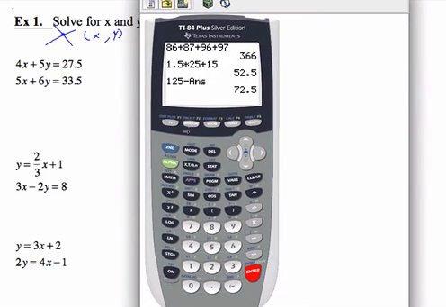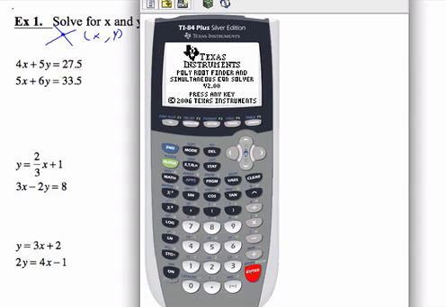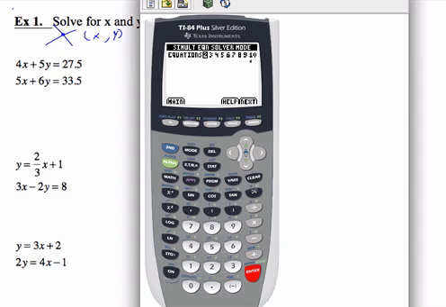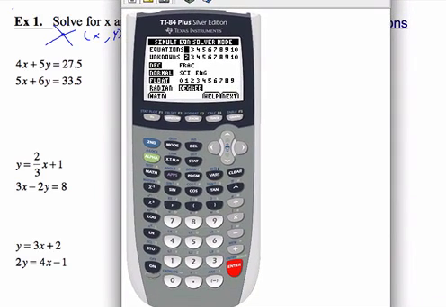We're going to go to Apps, and we're going to go to Simultaneous, and we go to Simultaneous Equation Solver, the second one. And do we want our answer to be fractions or decimals? Let's do the first one as a decimal since we have decimals in the question, and we'll do the other two as fractions. So let's keep that as a decimal.